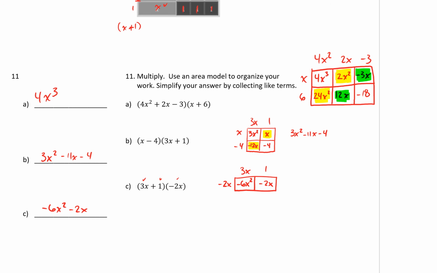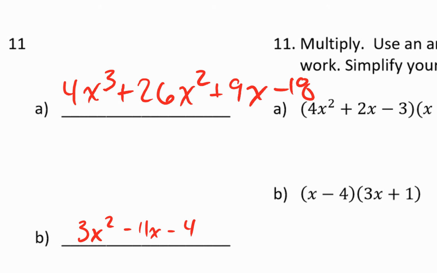And then I'm going to write plus, when I combine 24x squared and 2x squared, I get 26x squared. And then the next thing I've got in my x terms, you can see it's a 12x minus 3x, which is going to give me a plus 9x. And then finally I've got this minus 18. And that's awful that I've run out of room there. But the answer is 4x cubed plus 26x squared plus 9x minus 18.